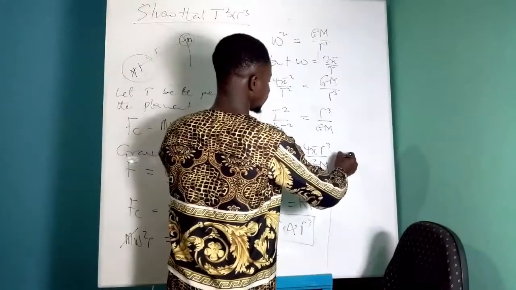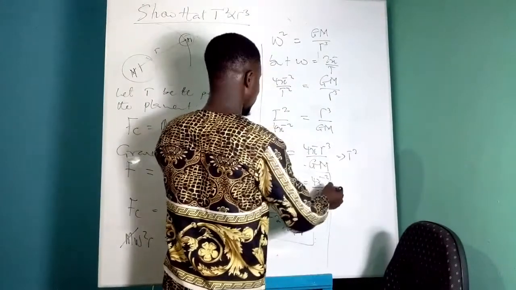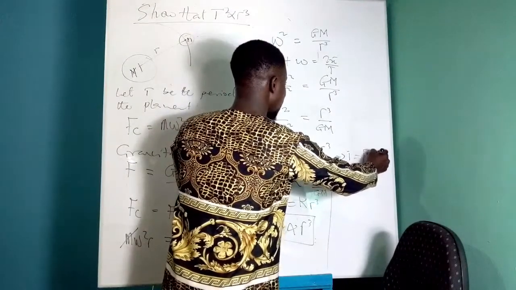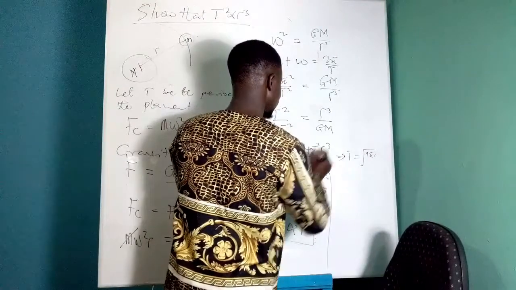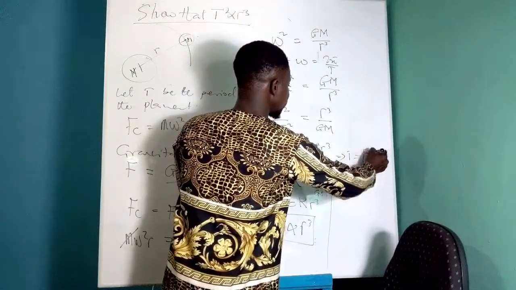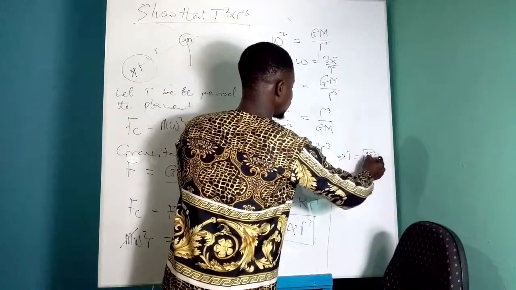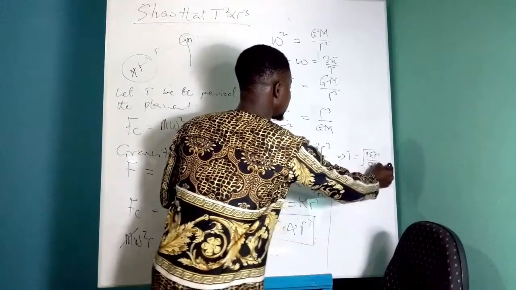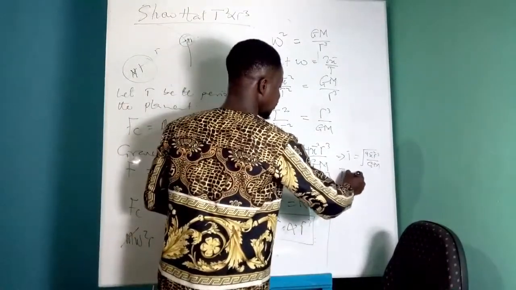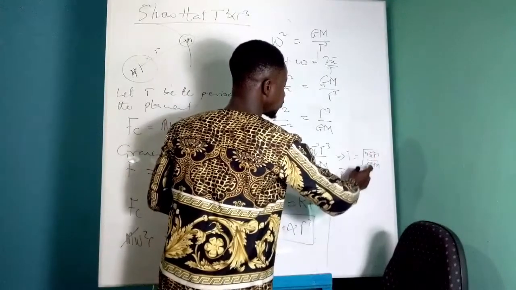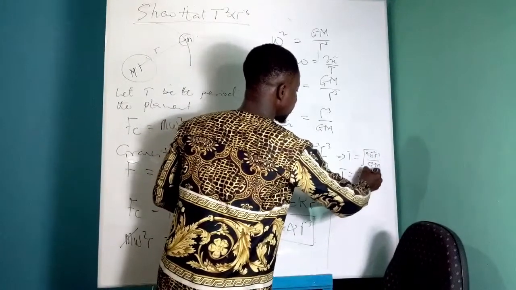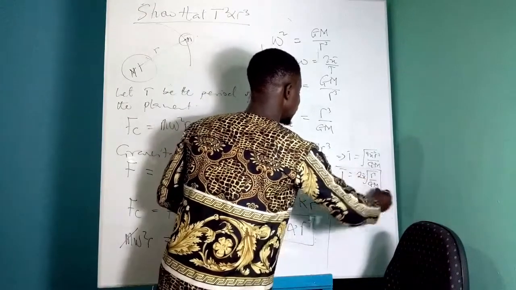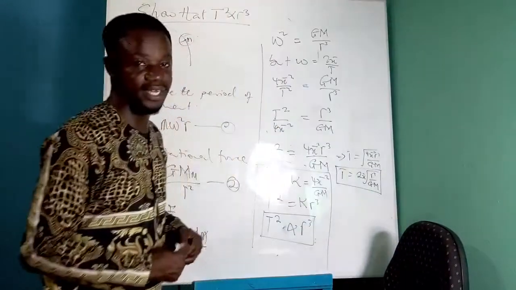You make T the subject here, to give you T is equal to the square root of 4 pi squared r cubed all over GM. So this will give us T is equal to 2, square root of 4 is 2, square root of pi squared is pi, then square root of r cubed over GM. This becomes the formula for finding the period of a satellite.